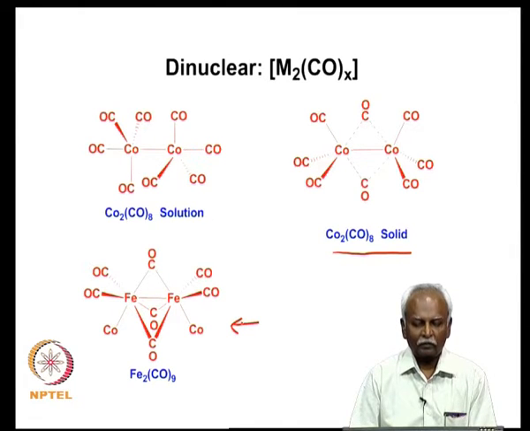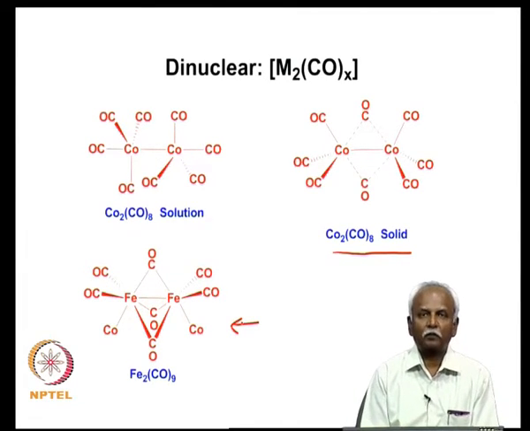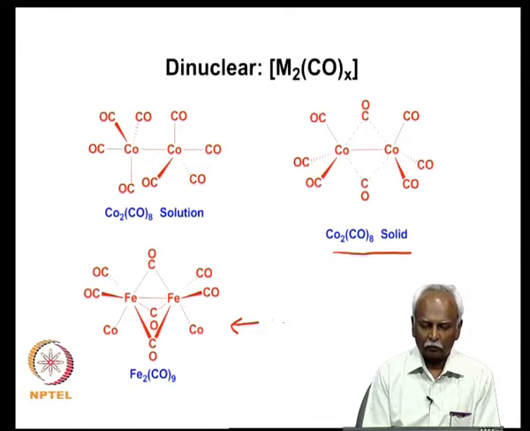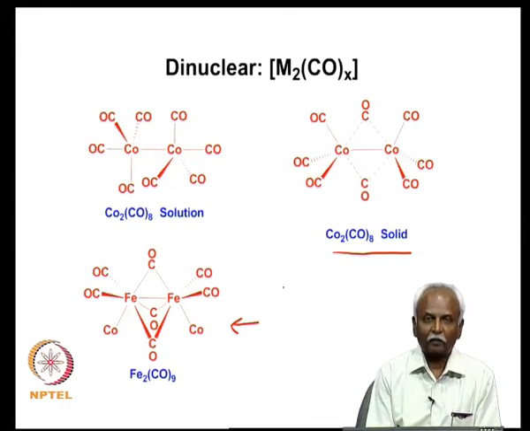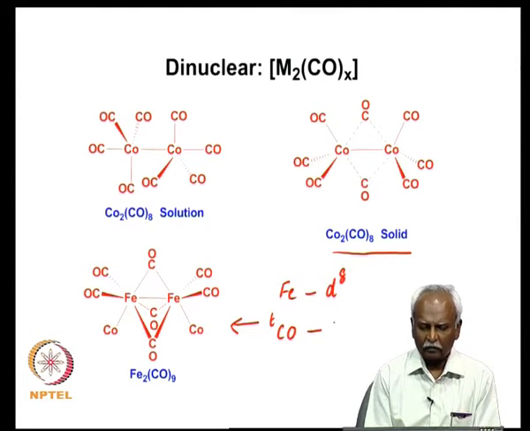Let us do this electron count. Each iron has 8 electrons in its valence shell. The 3 terminal carbonyls, which I will mark as TCO, will give you 6 electrons as well.